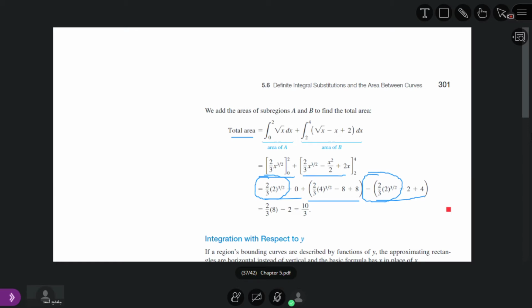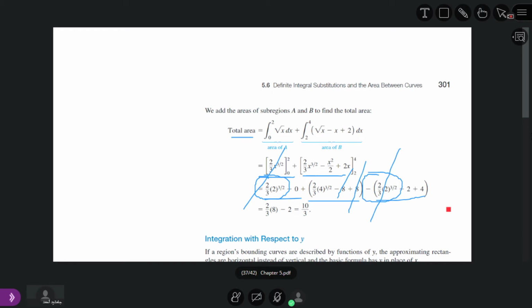Both are the same but with opposite sign, one positive and one negative, so we can cancel them. Here we have minus 8 and here plus 8, so we can cancel these too.